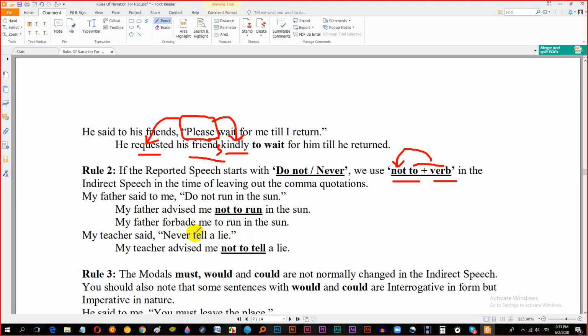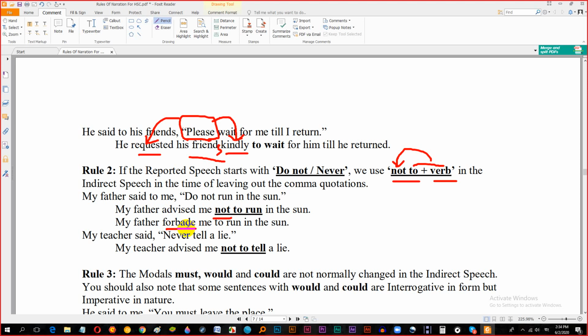Now another thing, we can use the word forbid, and if we use forbid we will not use not, because forbid is a negative word itself, and if we use forbid with not then there will be redundancy or repetition.